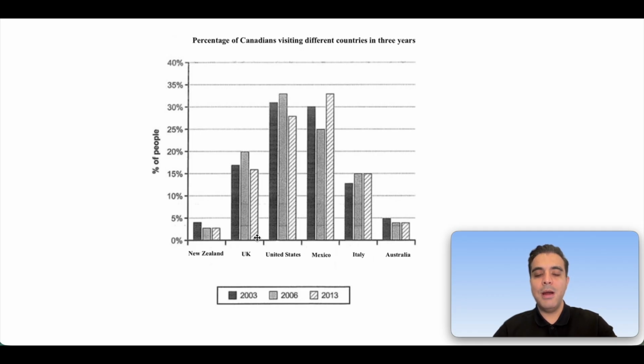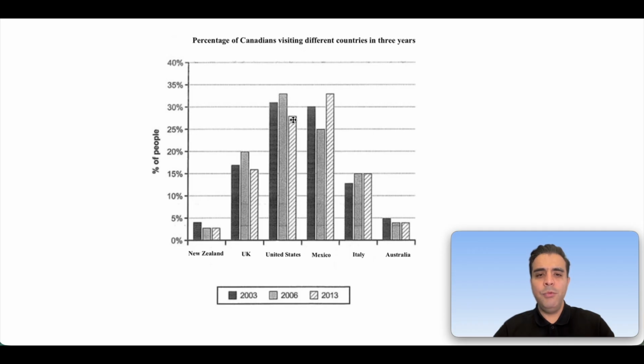Now, if you compare the number of Canadian tourists who visited the United Kingdom in the year 2013, that's this bar here, to the number of Canadian tourists who visited the United States, that is this bar here, and you compare the numbers, you'll see that in the UK, the number was around 15%. So 15% of Canadian tourists visited the United Kingdom, whereas almost 30% of Canadian tourists visited the United States.